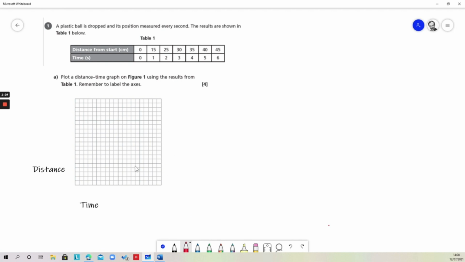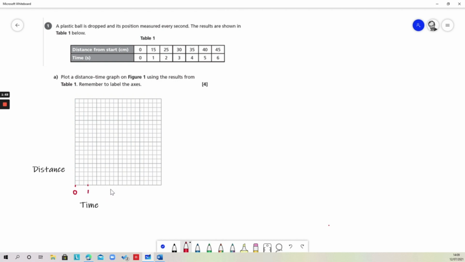As you can see here, the time runs from 0 to 6, so we need to make sure that we've got a suitable scale. 0 is going to go over there on the left hand edge, and we've got to fit 6 seconds in. We've got 5, 10, 15, 20 little squares, so it'll work quite well if we have 3 little squares to 1 second.